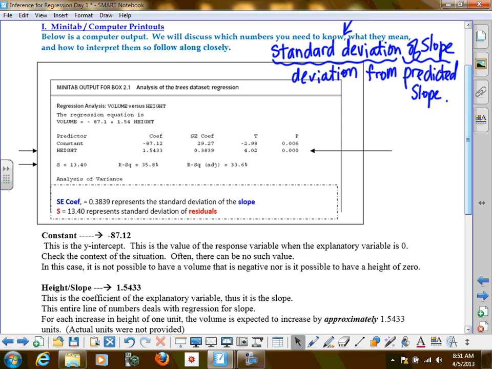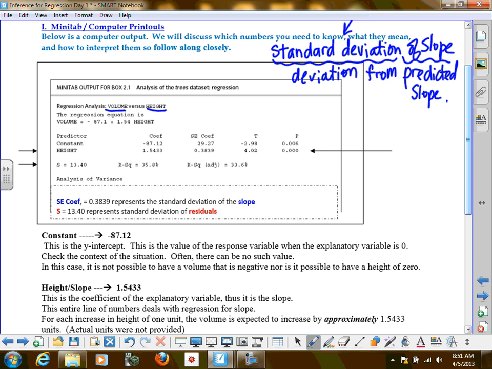And what is this data comparing? You see on this picture what this data is referencing. It is volume versus height. Which of those do you think is the explanatory variable?